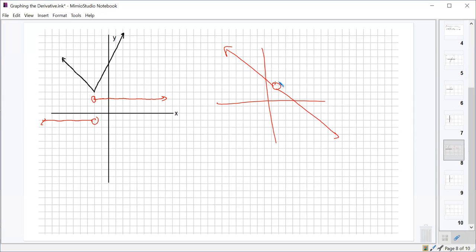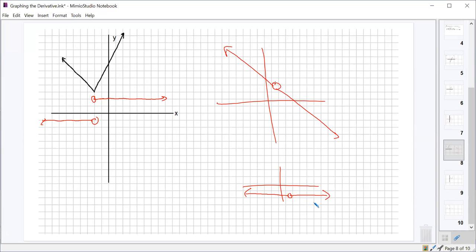The slope is -1 and then it's still -1, so my derivative would be -1 all the way to that point and still -1 afterwards. But since I don't exist at that point, I have to have a discontinuity in my graph. So rather than a jump discontinuity, it would be a removable discontinuity.